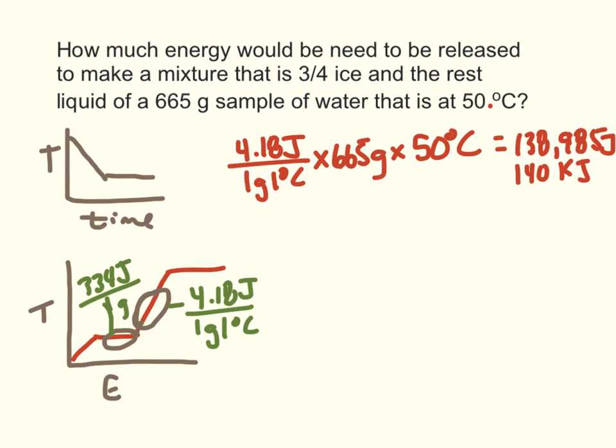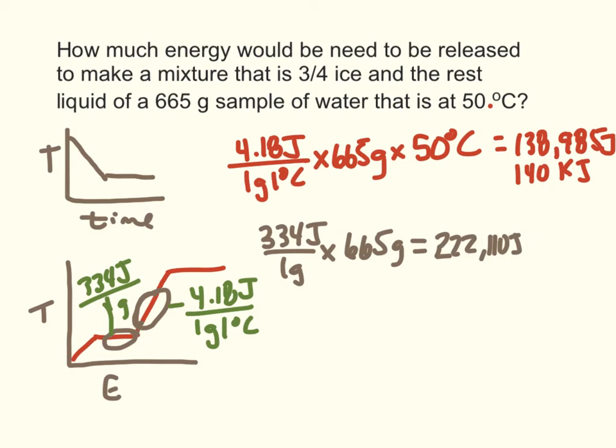And then we are going to take care of the next part, which is the freezing of that, but 3/4 of it freezes. So I'm going to see how much energy that takes. That was 334 joules for every 1 gram, but I didn't have 1 gram. I had 665 grams, and so when I do that, I get 222,110 joules.